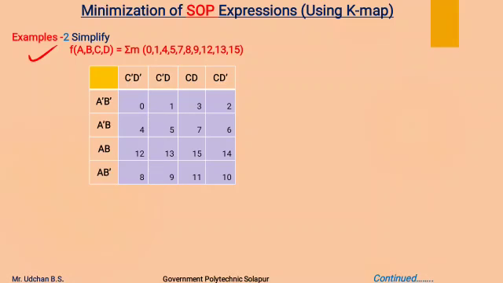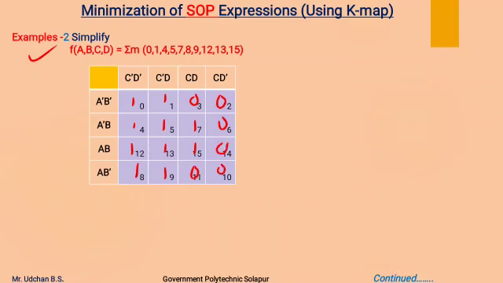So first for 0 we will enter 1, for 1 we will enter 1, for 4, 5, 7, 8, 9, 12, 13 and this one is 15. For the remaining cells we are going to enter zeros.